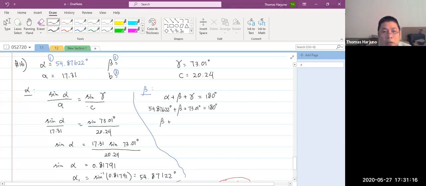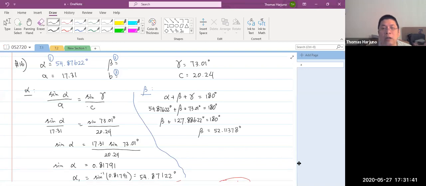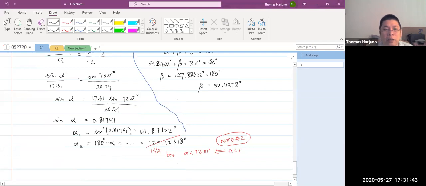Beta plus 127.8862 degrees. So beta will be 52.11378 degrees. And then we find side B, you apply law of sine again.